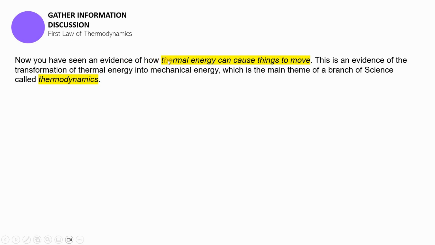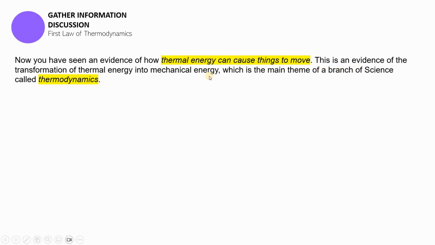In the previous activity, the coil of paper was moving not because it was being blown by the wind. Well, it can move by being blown by the wind, but the kind of movement it did in that particular instance was actually caused by thermal energy that is coming from the source.